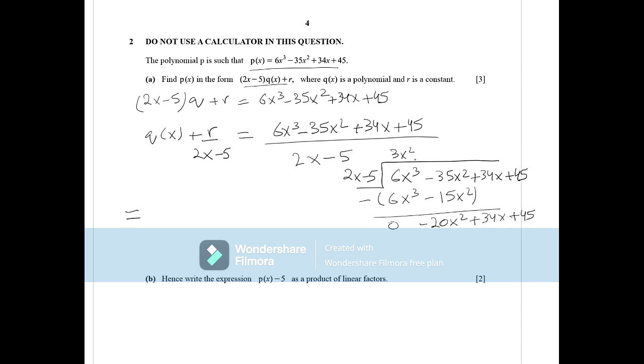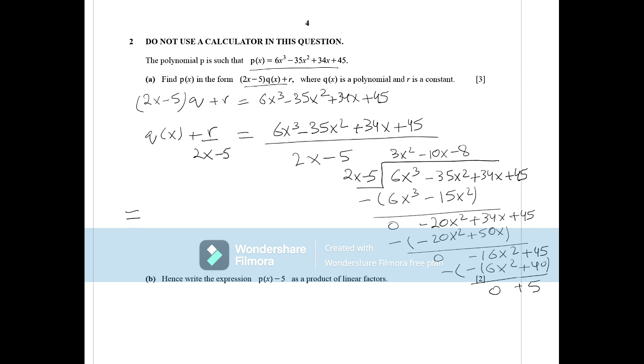You need a minus 20x squared, so minus 10x: minus 20x squared plus 50x, 0, and minus 16x plus 45, minus 8, and you're left with 0 plus 5.